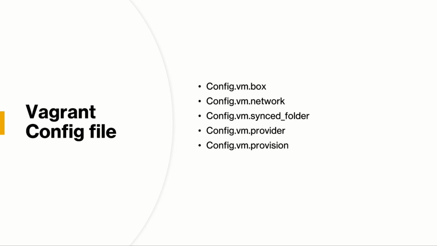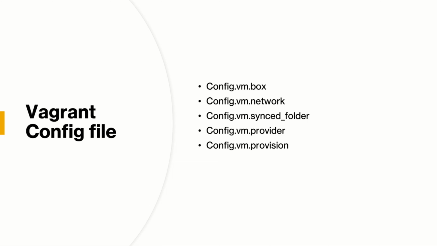That will come under your VM box, whether you are going to install a specific type of operating system. That can be Ubuntu, you can provision an Oracle Linux, you can provision any type of operating system. That will be configured using config.vm.box.